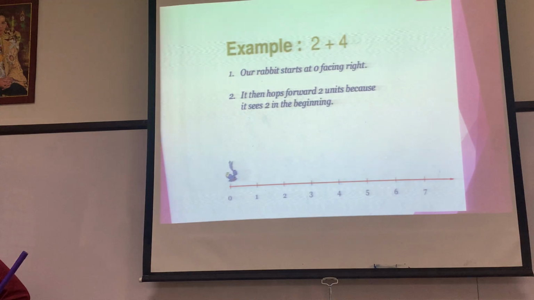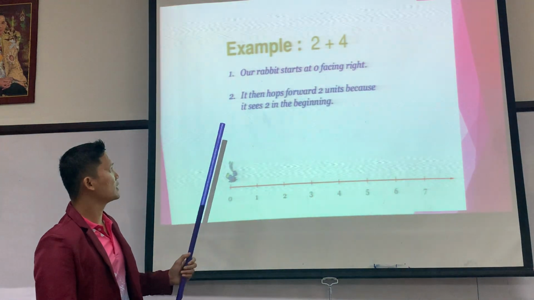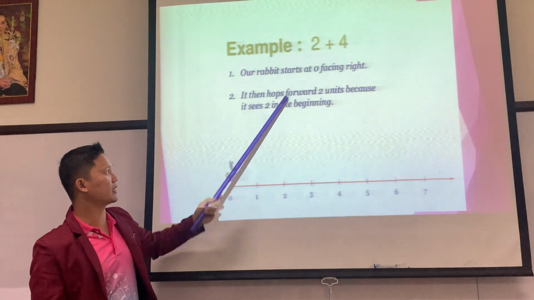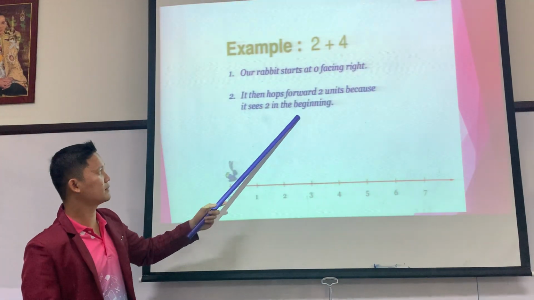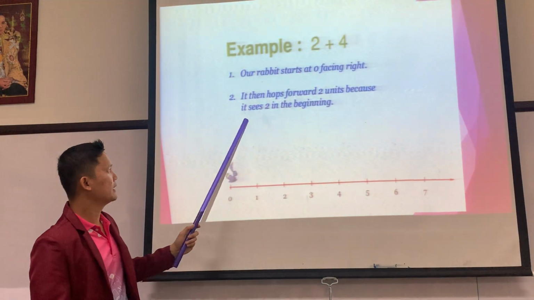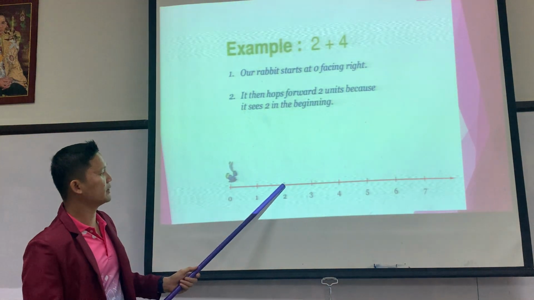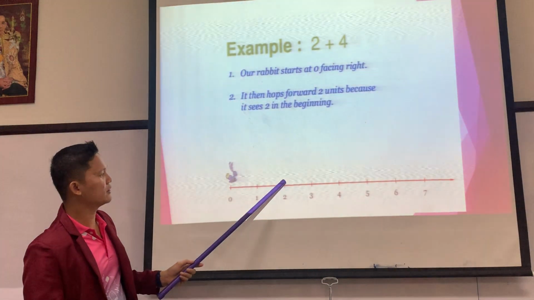From here, for example, 2 plus 4. The rabbit will start at 0, facing right. Then it hops forward 2 units because it sees 2 at the beginning. So we jump to 2, and then we have plus 4.